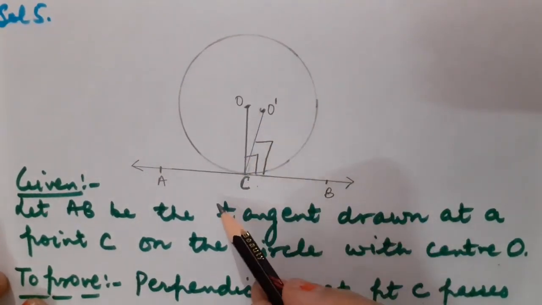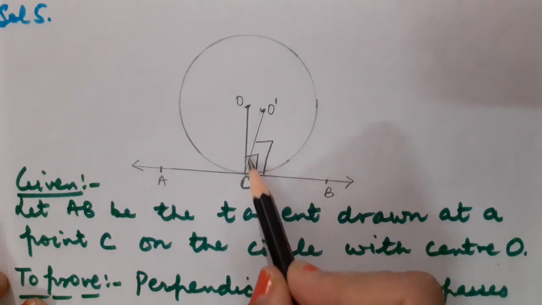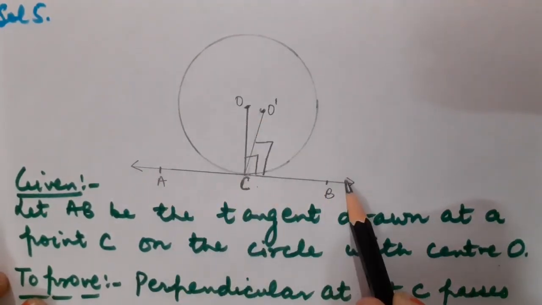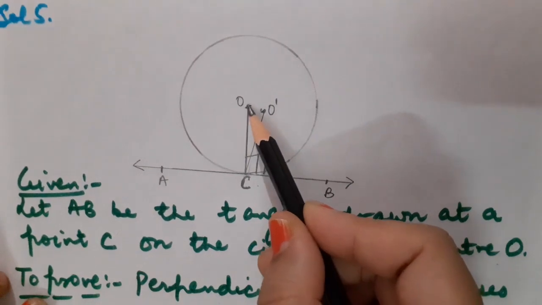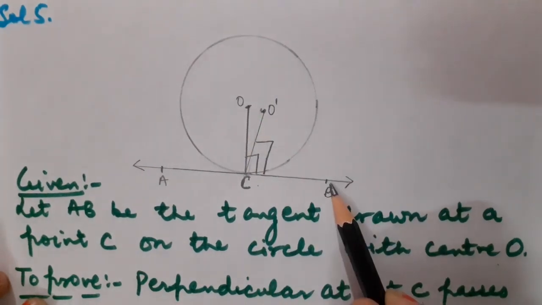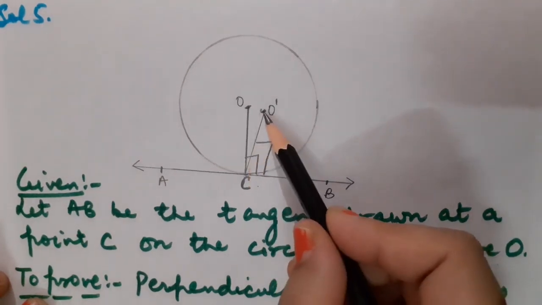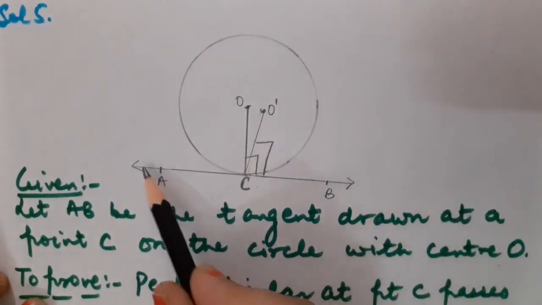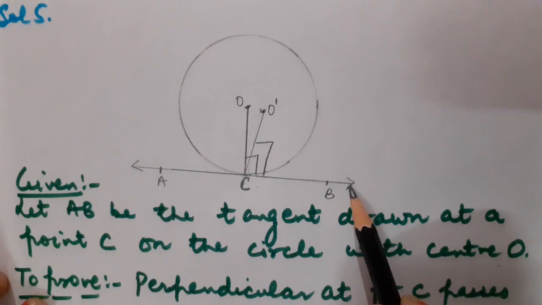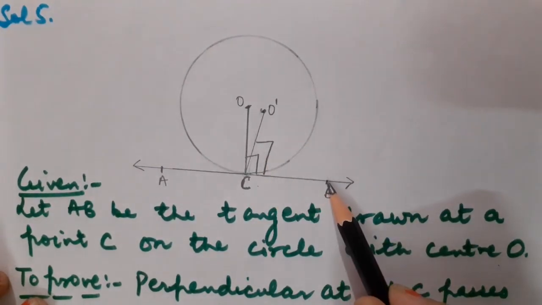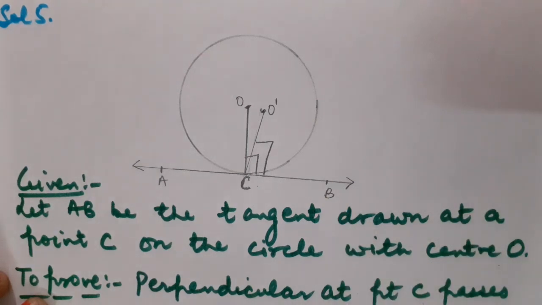As we know, according to theorem 10.1, OC is the radius and AB is the tangent, so OC must be perpendicular to AB. So what can I say? That angle OCB will be 90 degrees. But as per my assumption, what did I assume? I have assumed that O dash C is perpendicular to tangent AB. So in this way, angle O dash CB will also be 90 degrees. Yes or no?